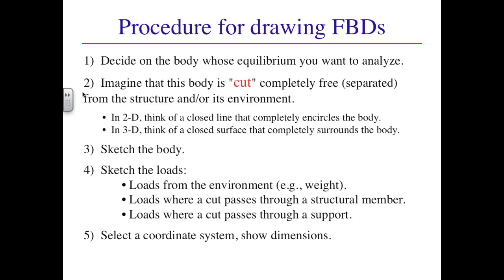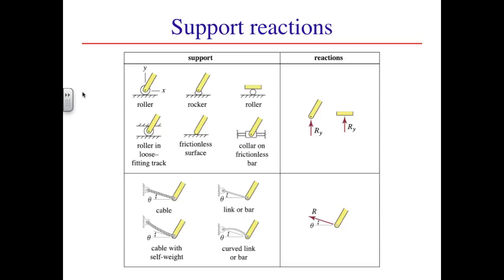We then draw an enveloping surface around the body, sketch it, and represent all the external, internal, and reaction loads acting on it. We need to take some time to again discuss the kinds of supports we're likely to encounter and what that means in terms of reactions. Remember once again that we include a reaction component for every degree of freedom that's prevented or impeded.